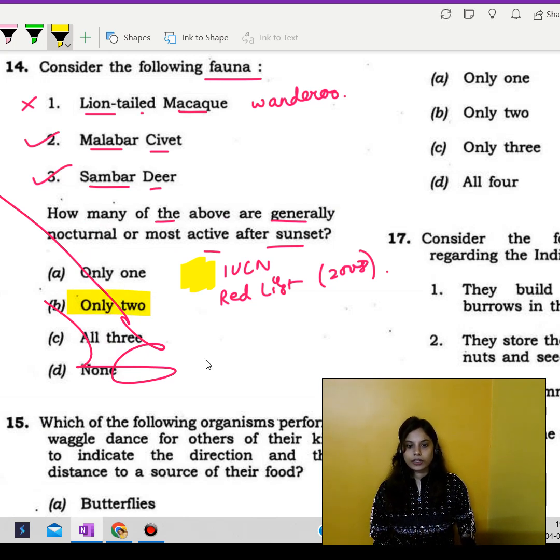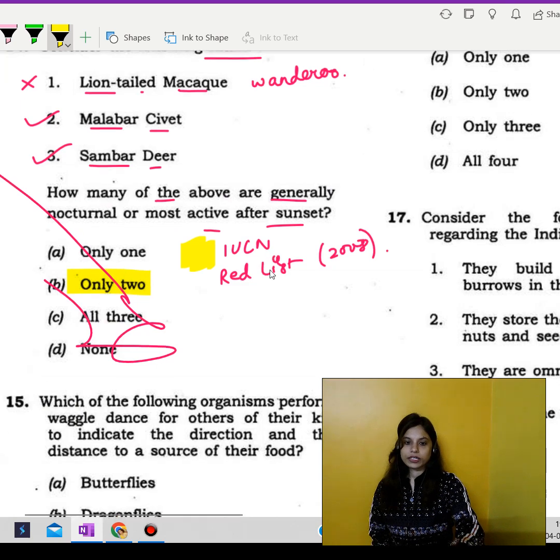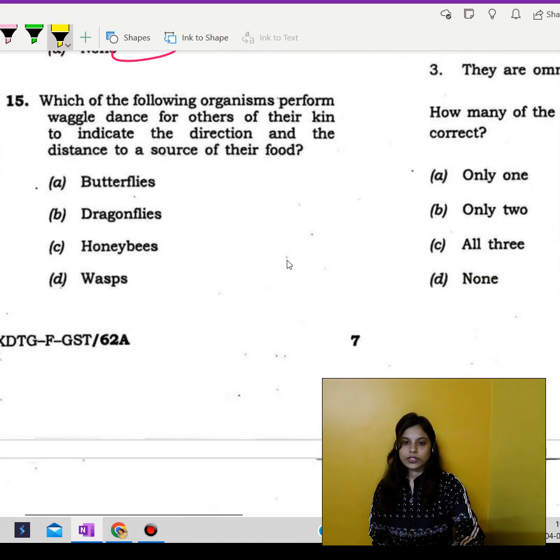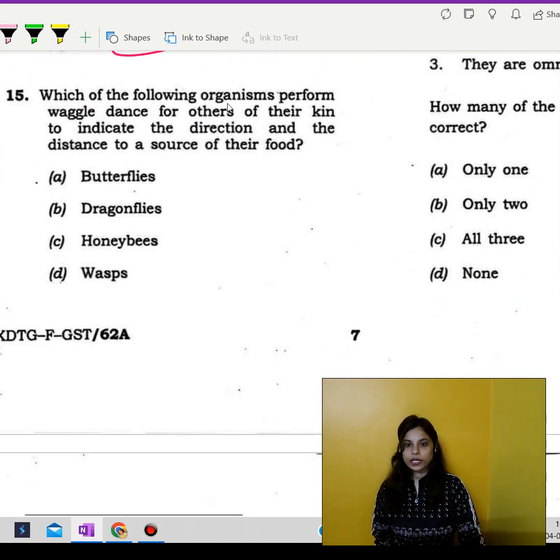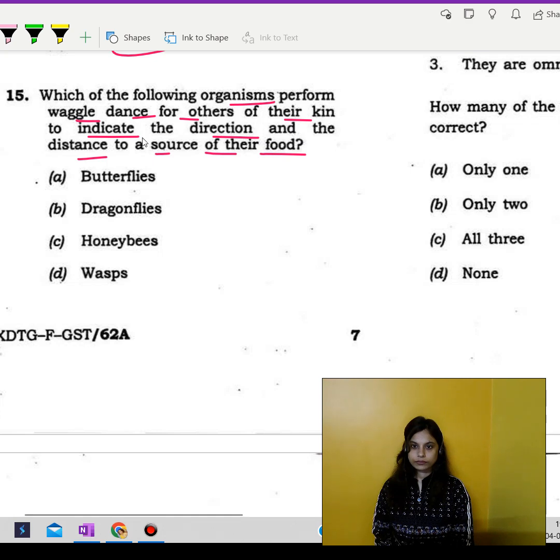All right, let's move over to the next question that says, which of the following organisms perform waggle dance for others of their kin to indicate the direction and the distance to a source of their food? Okay, let's talk about the honeybees. Now, honeybees would be the correct answer.